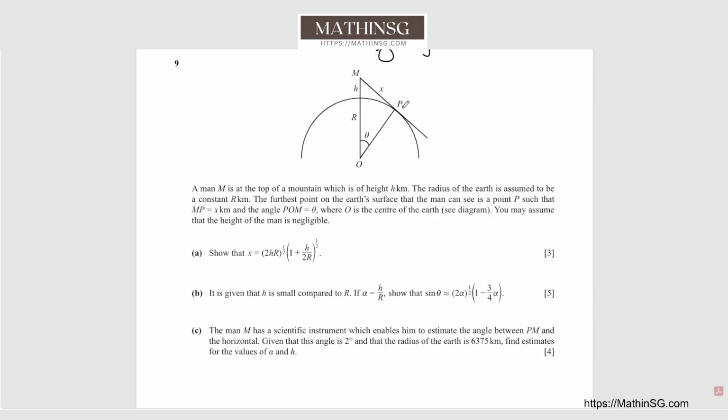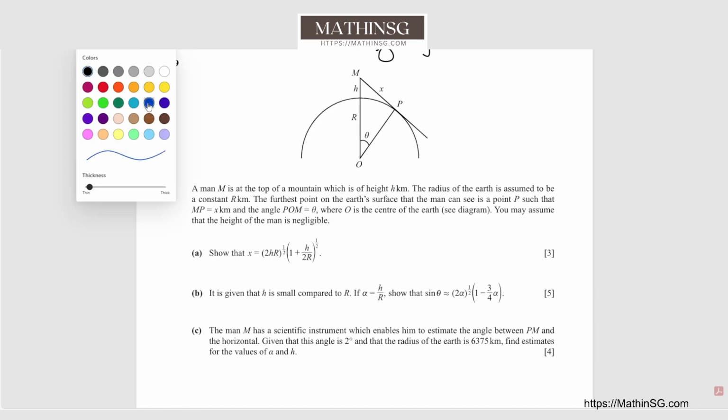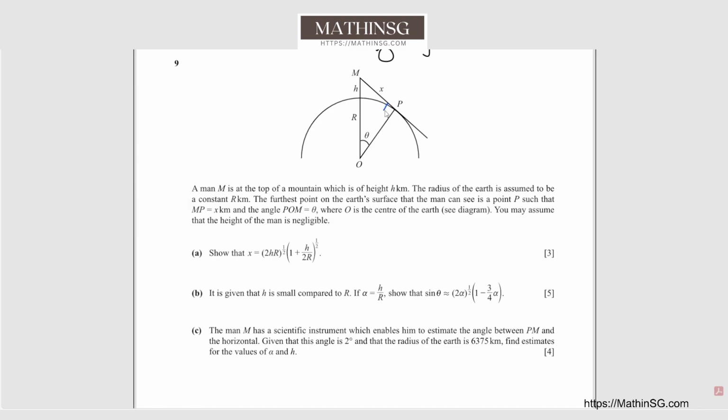And we also know that this is a tangent, right? MP is a tangent to the radius. So therefore, this is 90 degrees. Okay. So we need to show this, right?